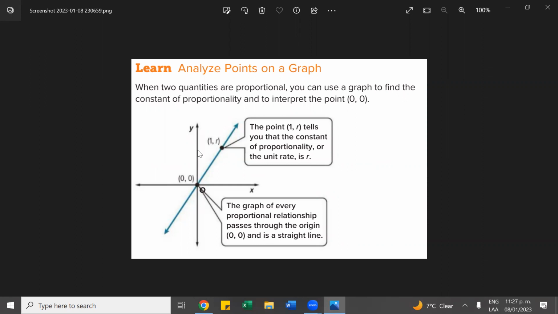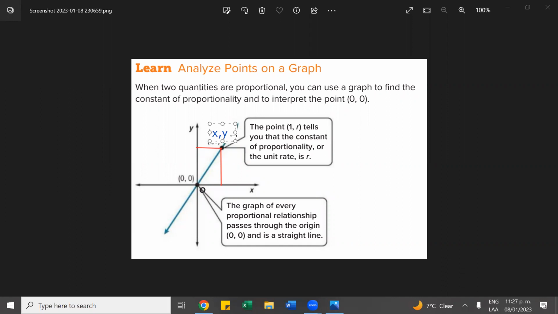Why r? Remember, when we find the constant of proportionality, it is y divided by x. And right here in this graph, these points are (x, y).